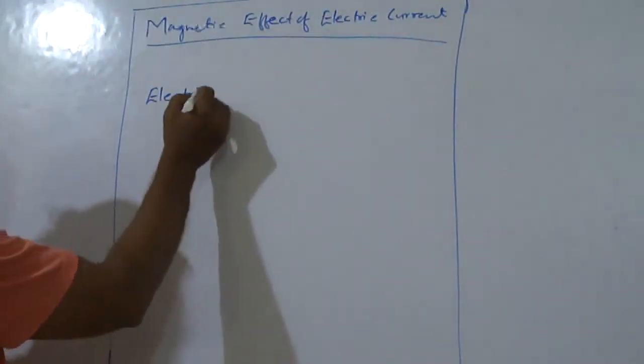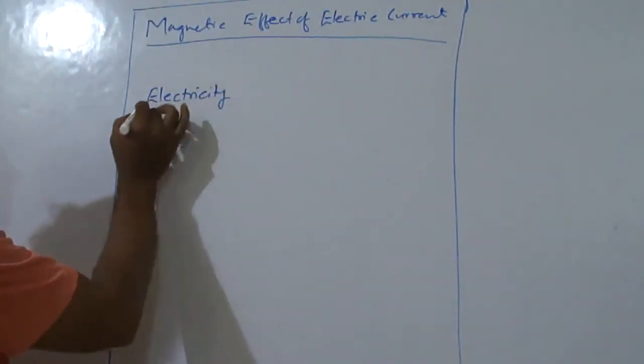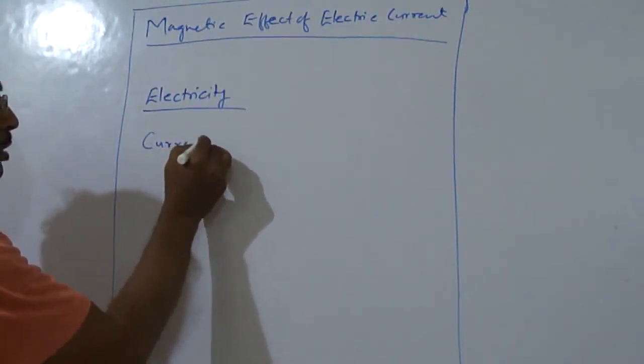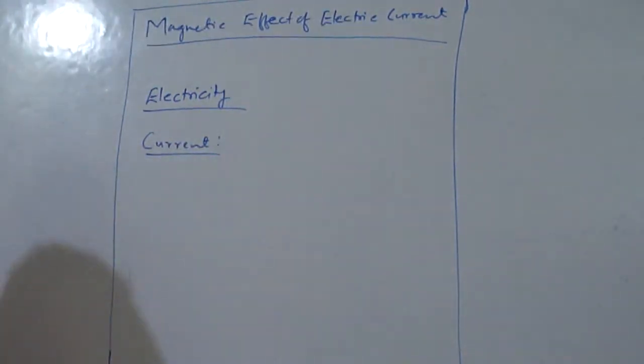And in that electricity chapter, we studied about current. Did we study about current? Yes, sir. What was current there? The electrons are flowing. Right.